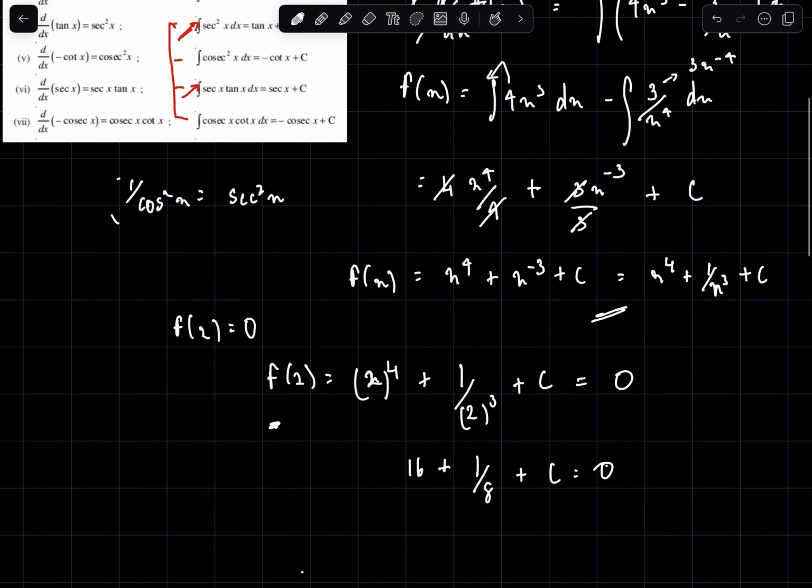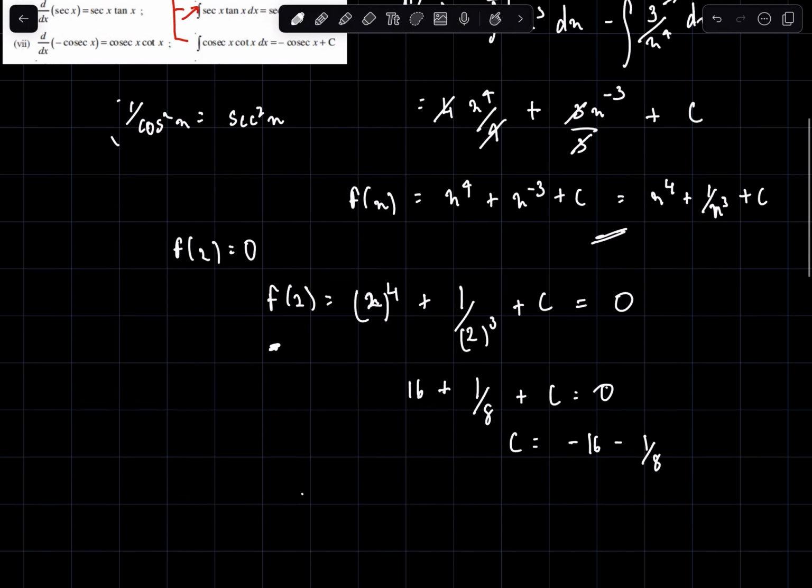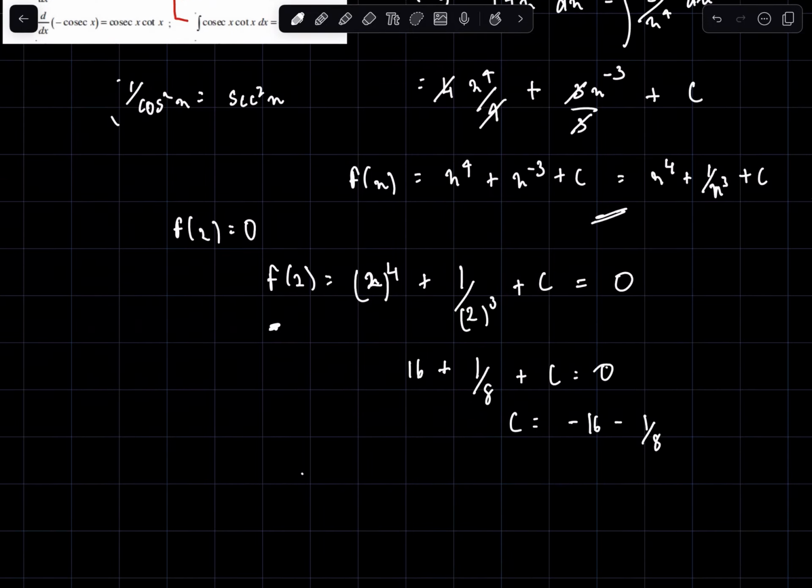Right? So let's solve for this. So c is equal to, let's add this up. 16 plus 1 by 8, let's just isolate first. So 16 minus 1 by 8. You have to make them like fractions, so if you put 8 here, you have to multiply 8 here.